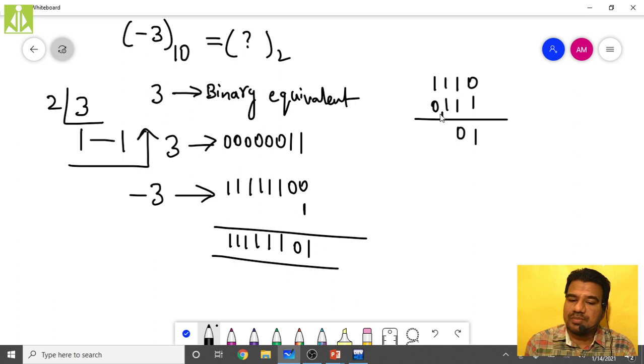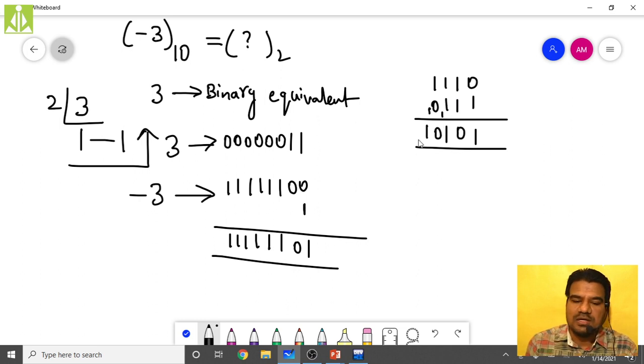Now you get three ones, and the value will become 1 1: carry 1 and the value also 1. So you put 1 over here and 1 over here. And finally we have 1 1, so this will become 1 0. So this is the final value.